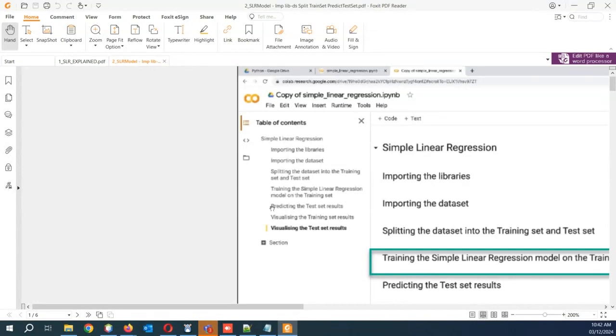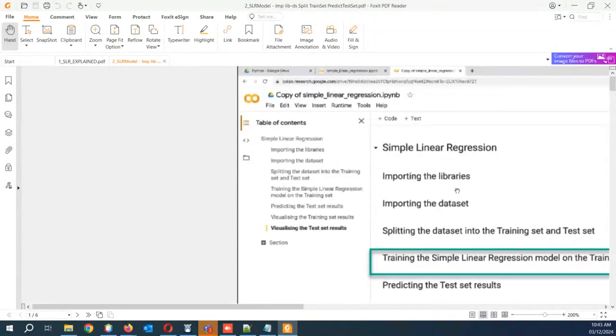Then I did predicting. I did not do this part, predicting the test set result. No, I did not do that. And visualizing, I did not do that. But do you feel comfortable that I have shown you importing the libraries, importing the data set, splitting the data set into training set and test set, and the rest of the three parts we will learn.